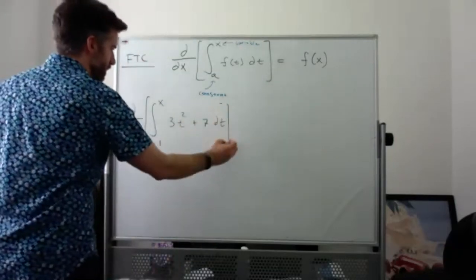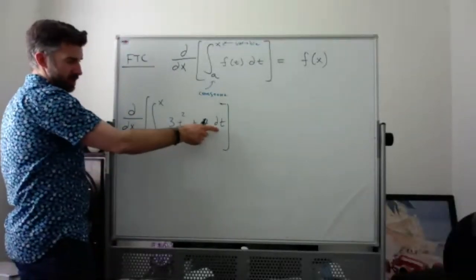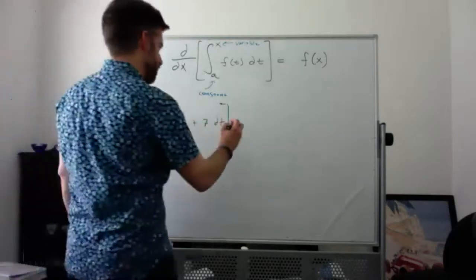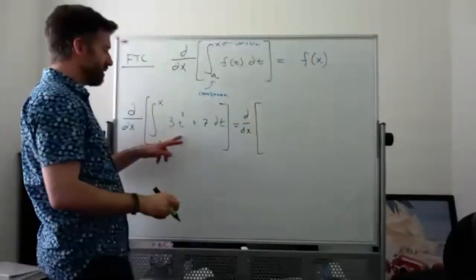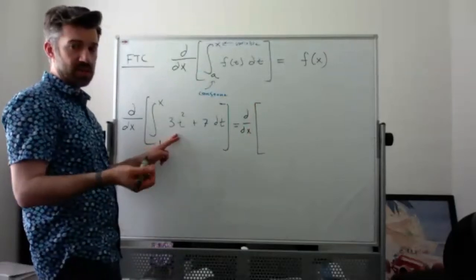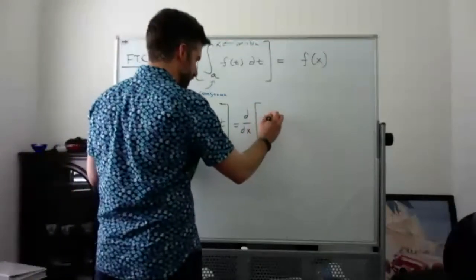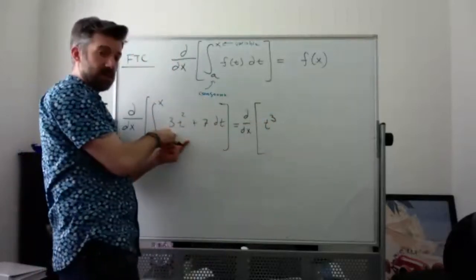So we have to work from the inside out. First I'm going to anti-differentiate this with respect to t. The antiderivative of 3t squared is 3t cubed over 3. But the 3's cancel, and I just get t cubed. And again, the derivative of t cubed is definitely 3t squared.